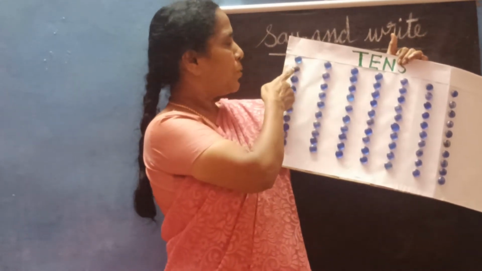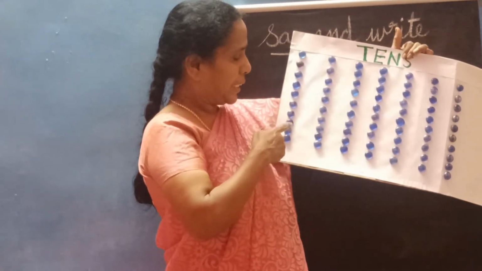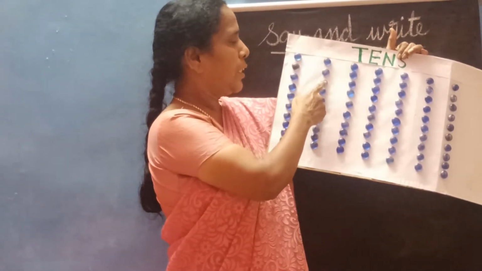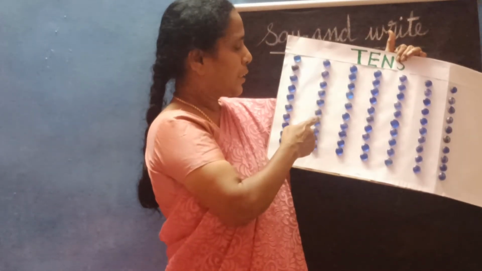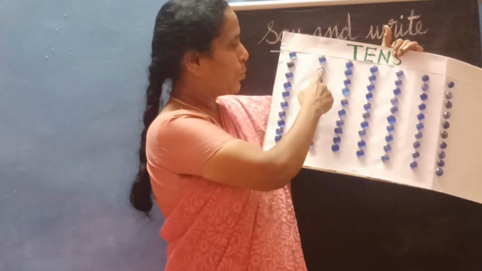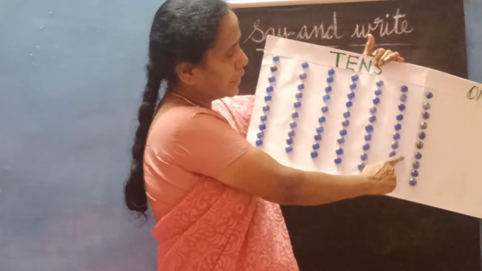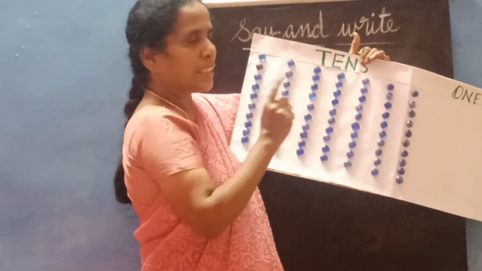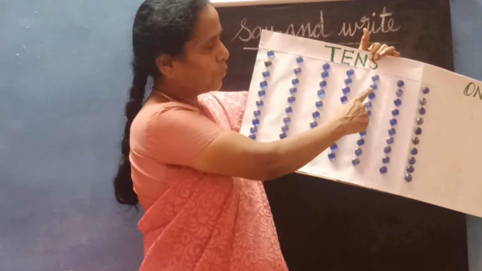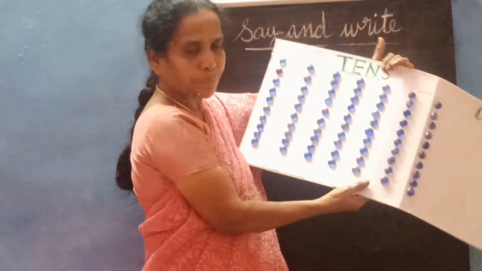Here also 10. 1 ten, 2 tens, 3 tens, 4 tens, 5 tens, 6 tens, 7 tens. How many tens are here? 7 tens.